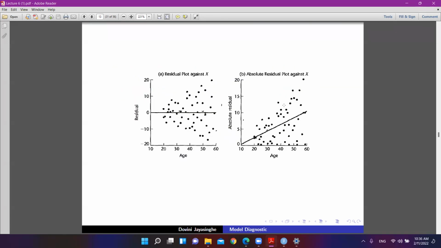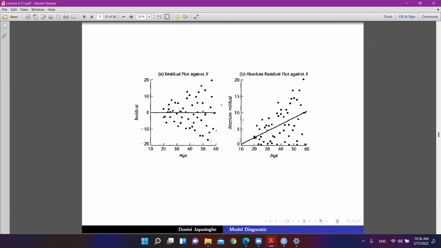So this is just the residual versus x, and here the absolute residual versus x. So here we are getting a cone shape, right? Here also we are getting the cone. That's why I said, although we plotted residuals against fitted values or x, or absolute residuals versus fitted values or x, or even the squared residuals versus x, we are getting the same behavior, right?